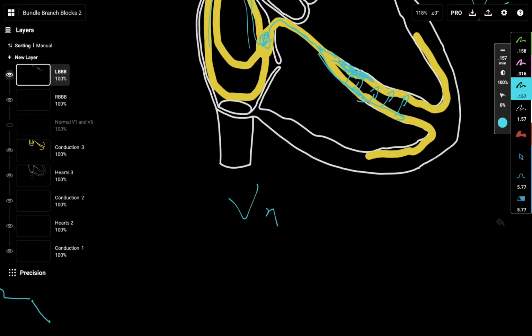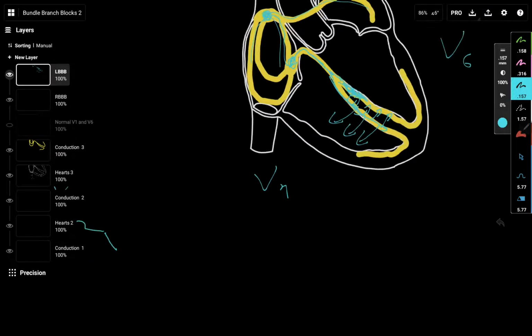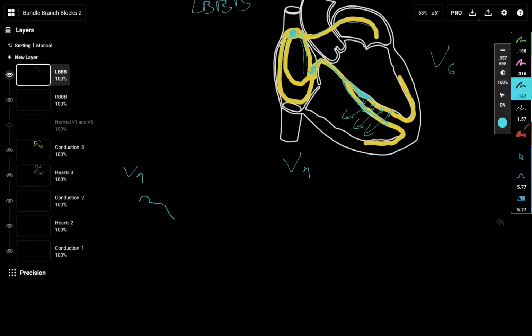What's going to happen next? At this point, it's going to be my right ventricle that depolarizes first, because the left is not conducting. And if the right ventricle is depolarizing first, what am I going to see? Another positive deflection towards V1.